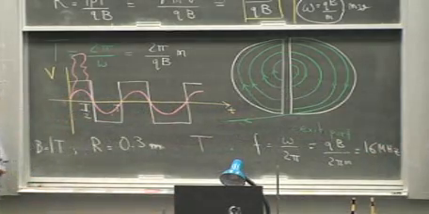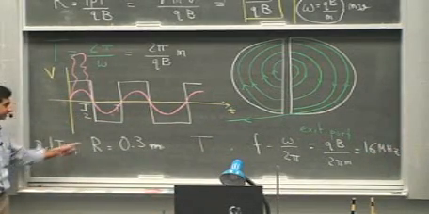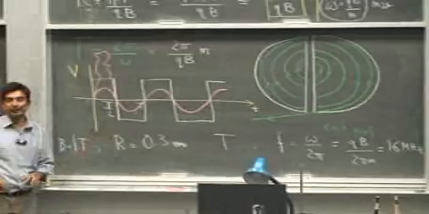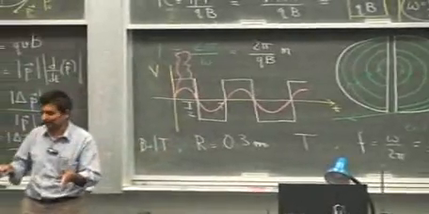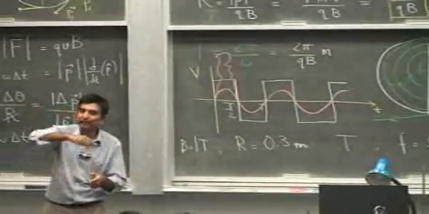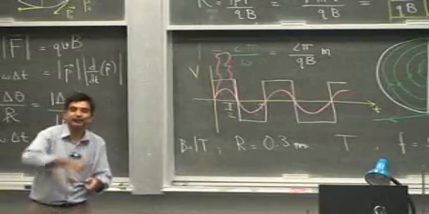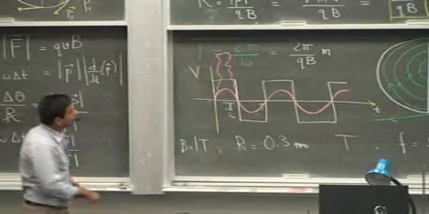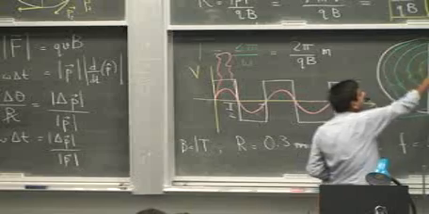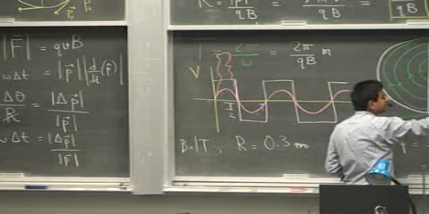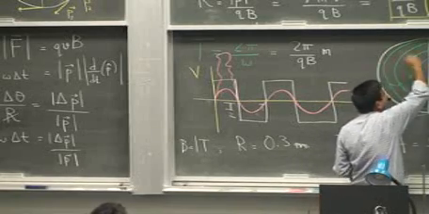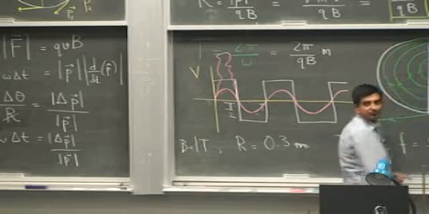What does this mean? This means that if we have a field of 1 Tesla and a radius of 30 centimeters, which was the original design Lawrence built, the particle is making 16 million cycles in 1 second. So it's going round and round in complete loops 16 million times in a second, and its radius is constantly increasing.